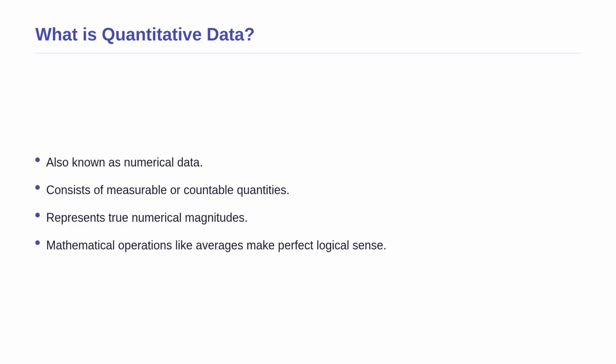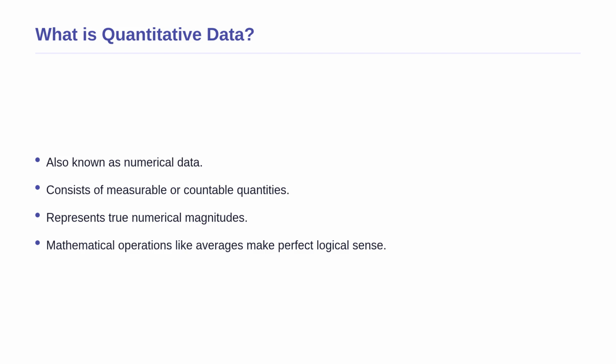Moving on from categories, let us look at our second major bucket, quantitative data. Also known as numerical data, this consists of values that represent measurable or countable quantities. Unlike qualitative labels, these are true numerical magnitudes.